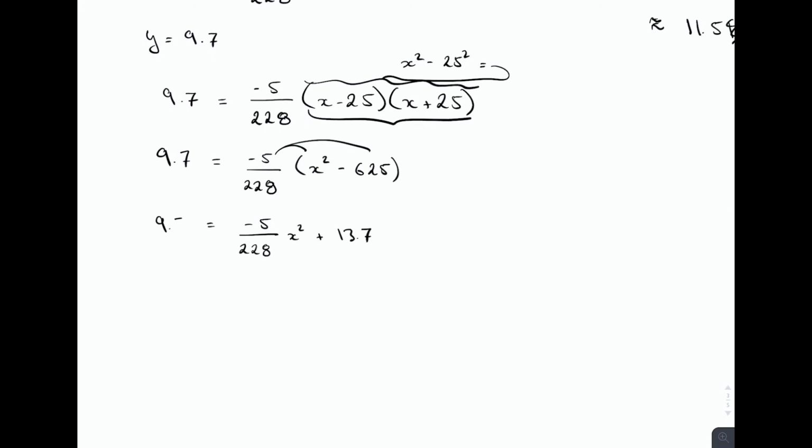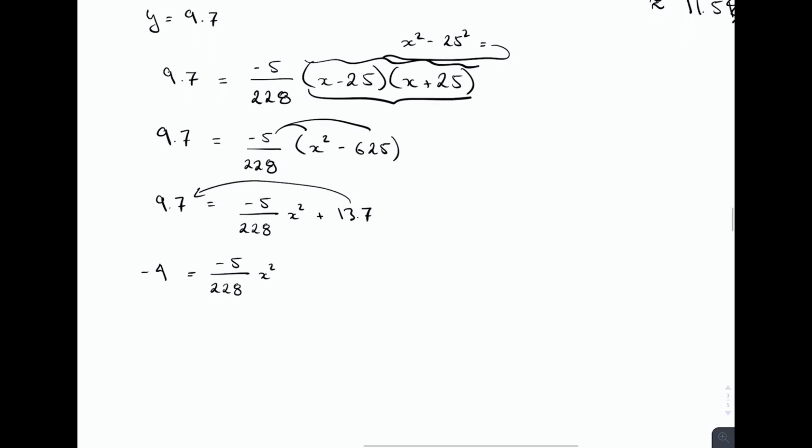And I got 9.7 here. So I'm going to start the process of isolating for x by bringing this 13.7 over. So 9.7 subtracted 13.7, that'll give me my negative 4, and I still have all this stuff here on the right hand side.